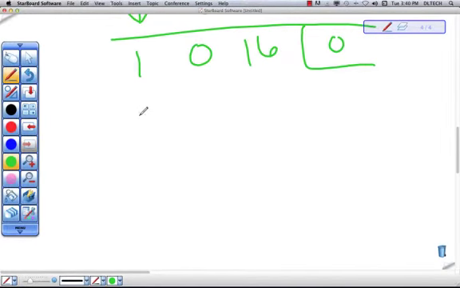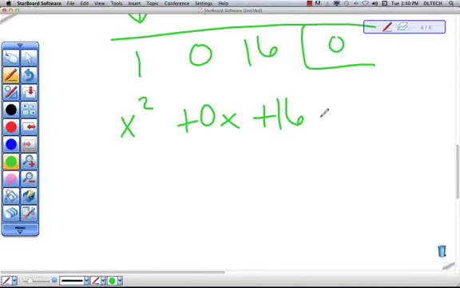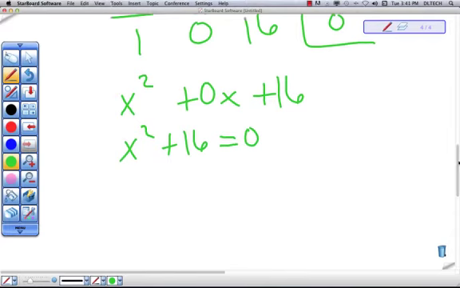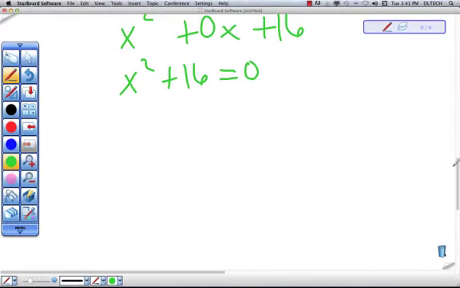Using our quotient, we can set it as a function. We know that x squared plus 0x plus 16 is the same as x squared plus 16, because 0x is the same as 0. We set our function equal to 0 and solve for x.